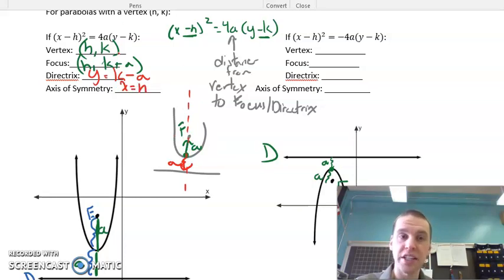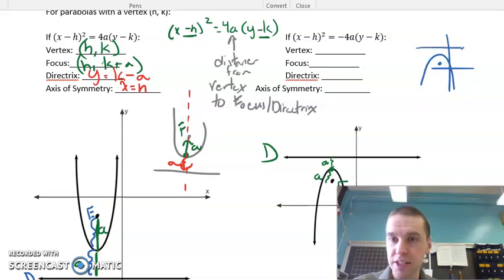Now this entire idea switches when we have an upside down parabola, or a parabola that's shifted downward. So if this is my focus and this is my directrix, this a value right there. The vertex doesn't change. The vertex is still (h, k). The focus, though, is a point. It is now shifted down. Instead of shifting up, we're going to shift it down, so we do k minus a.